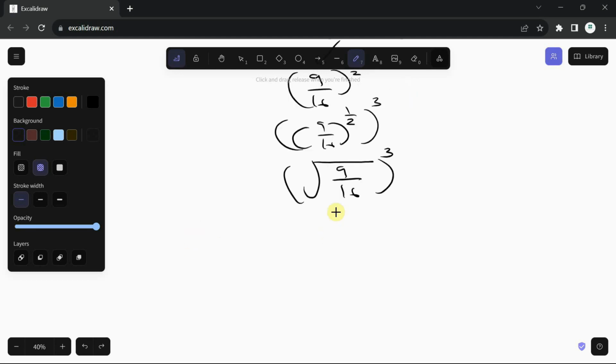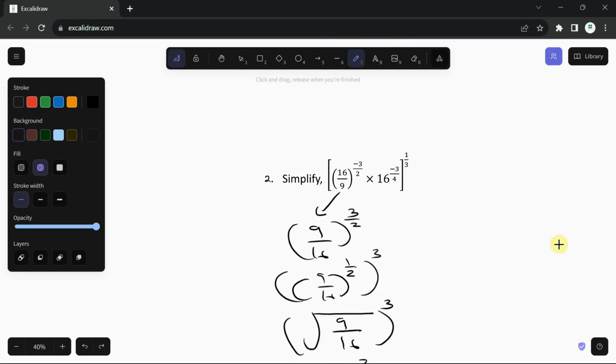So square root of 9 over 16, square root of 9 is 3, square root of 16 is 4. So this is 3 over 4 all cubed. Now if I resolve this other part here, because there's a minus here, I could say 1 over 16 raised to the power of 3 over 4.